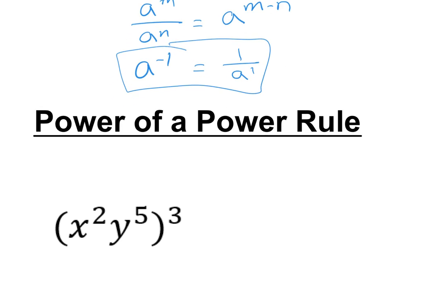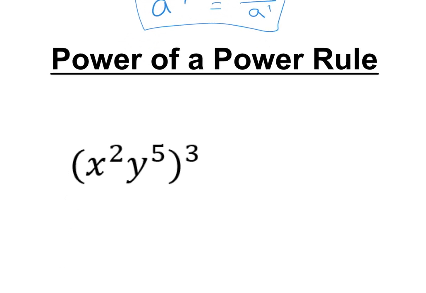Let's get you the last rule, the power of a power rule. We have a base and an exponent being raised to another power. The power of a power rule simply says that everything inside the parentheses needs to be taken to that power.